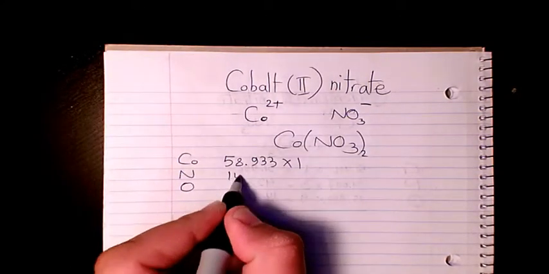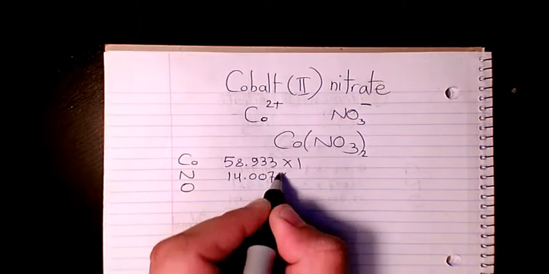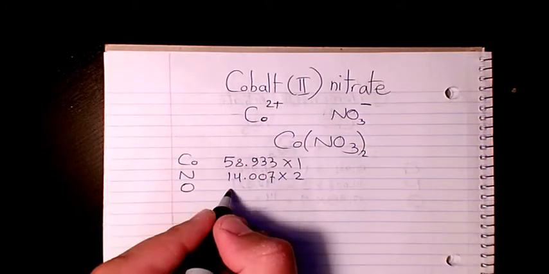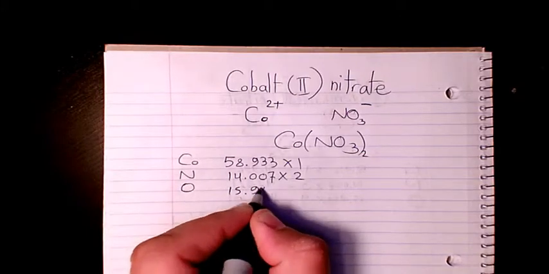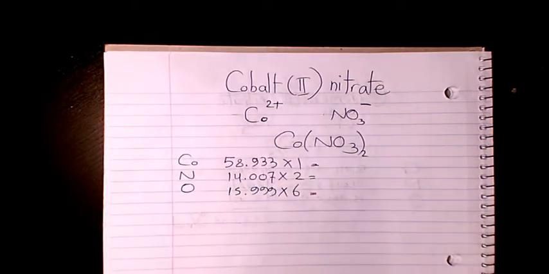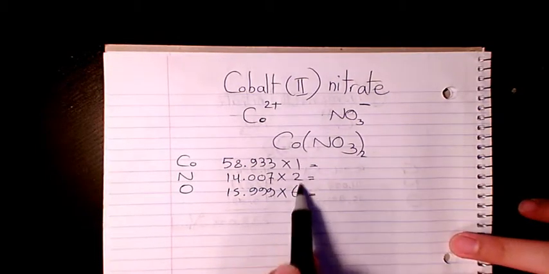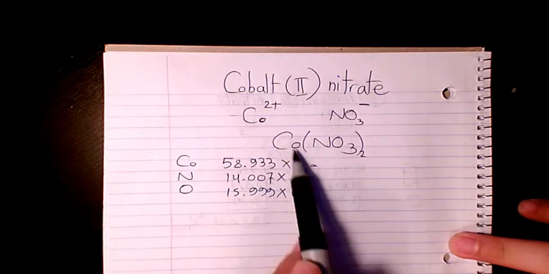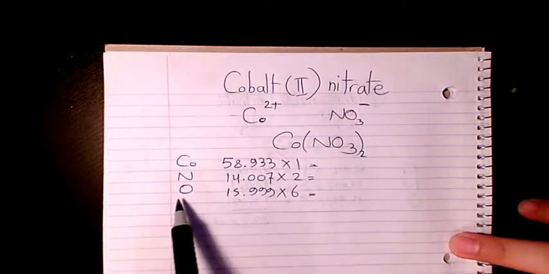Nitrogen is 14.007 times 2, and oxygen is 15.999 times 6. So this number shows the number of elements we have: cobalt 1, nitrogen 2, oxygen 6.